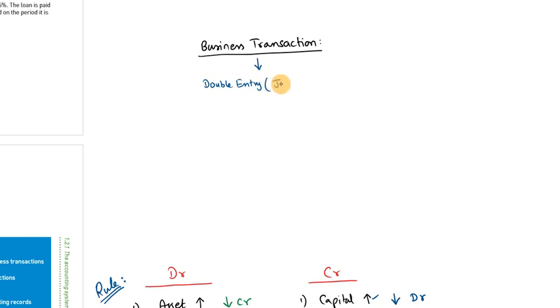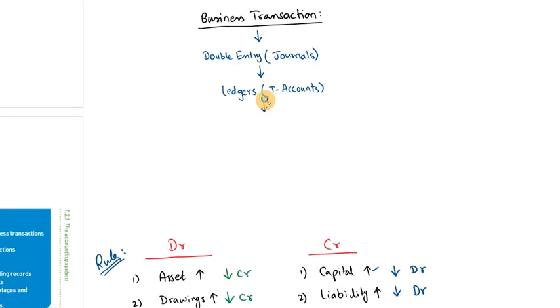That is called journal. After making journals, we will make ledgers. Ledgers mean T accounts. Then afterward, from ledgers, the T accounts, we will make trial balance.